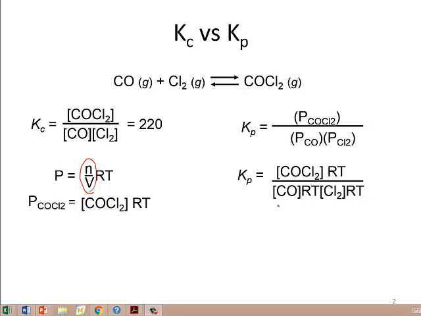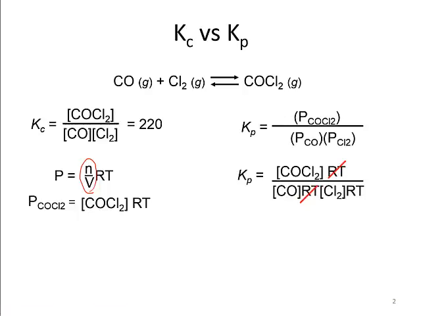What we see immediately is that RT appears in both the denominator and the numerator, and consequently can be canceled, one in the denominator and one in the numerator, and we're left with an expression that has concentrations of reactants and products and the RT factor that converts from pressure to concentration.